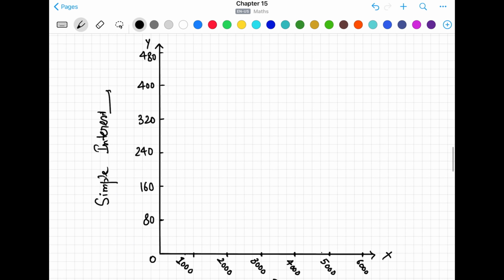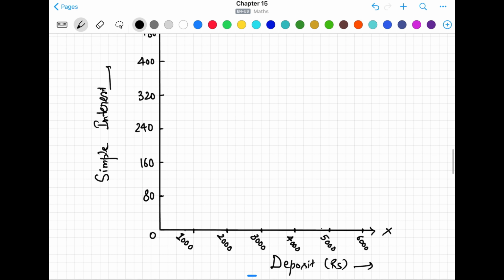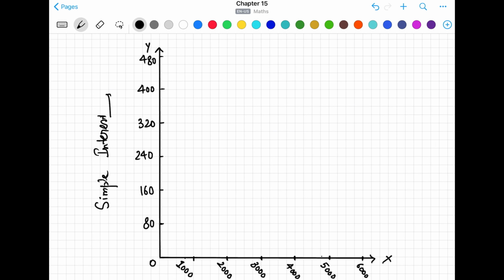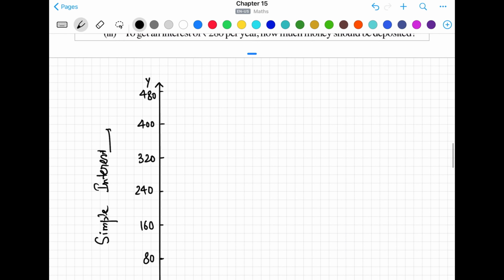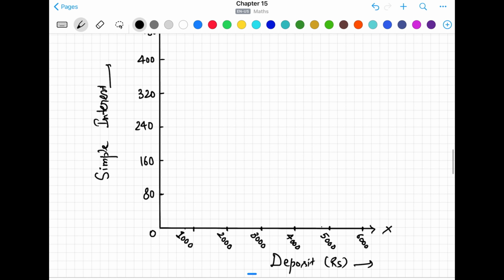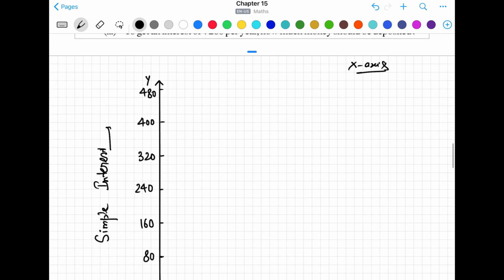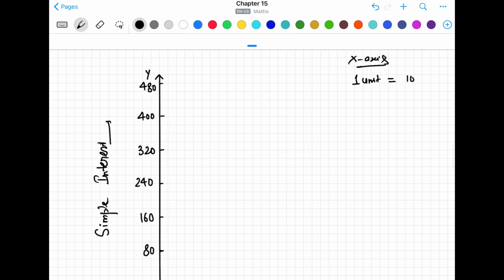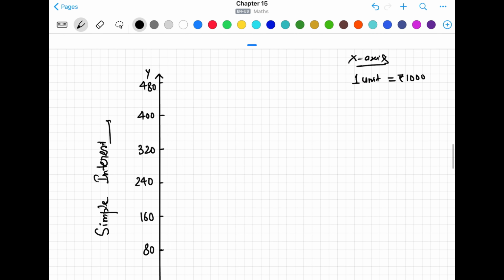As I have already drawn the axes, on the x-axis I have chosen the amount which is deposited, and on the y-axis we are taking the interest. Let's define the axes. On the x-axis, 1 unit or 1 centimeter is equal to 1,000 rupees.